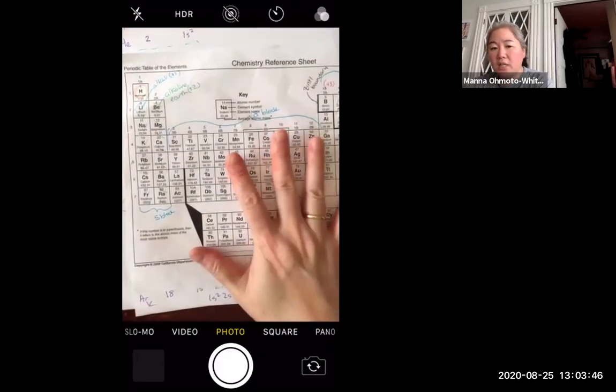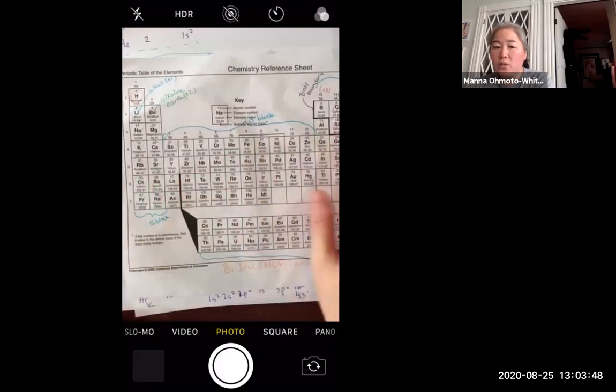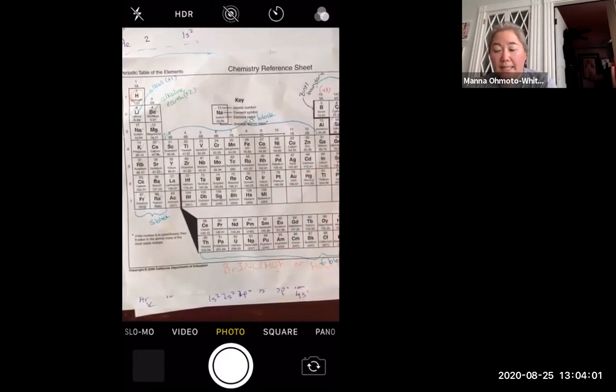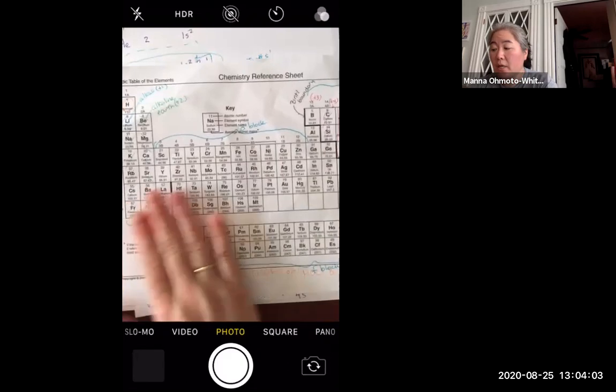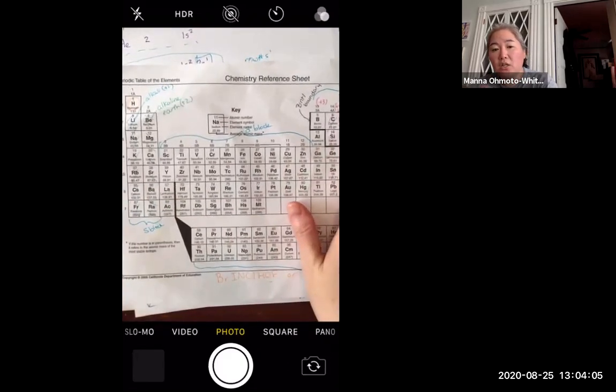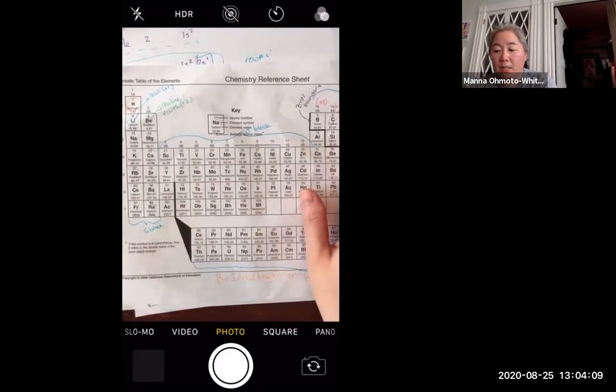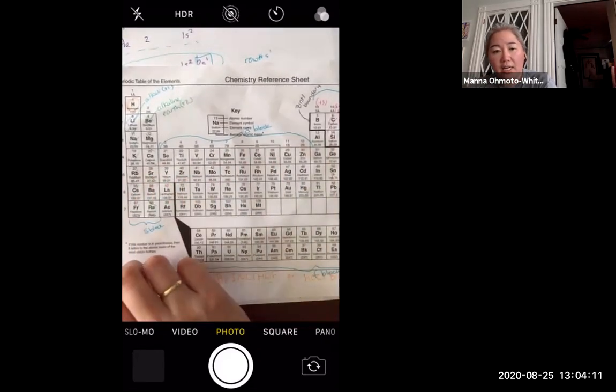Remember that the periodic table, the way that it was organized, was done before electron configuration theory. In fact, Mendeleev didn't even know about the existence of subatomic particles. He simply made this periodic table based on 2 factors: increasing mass and chemical reactivity.